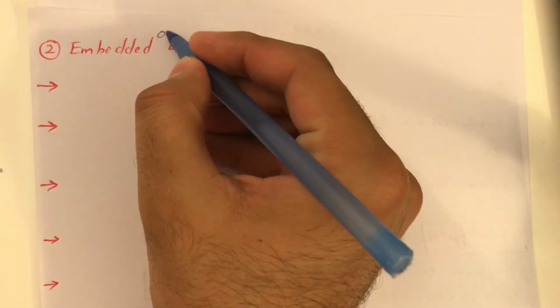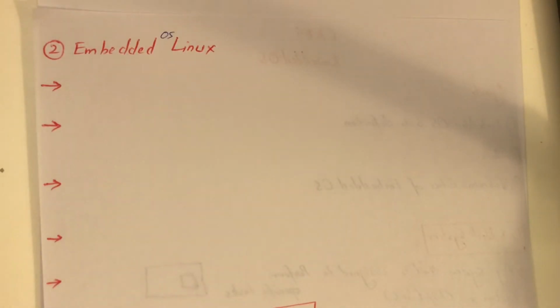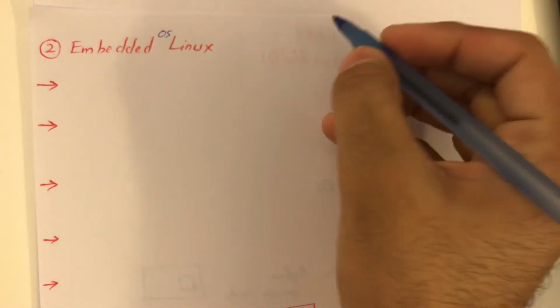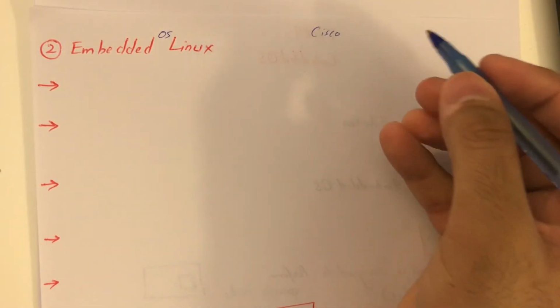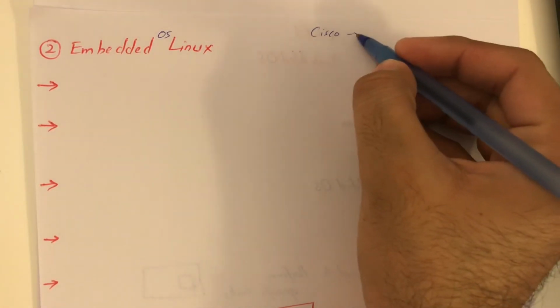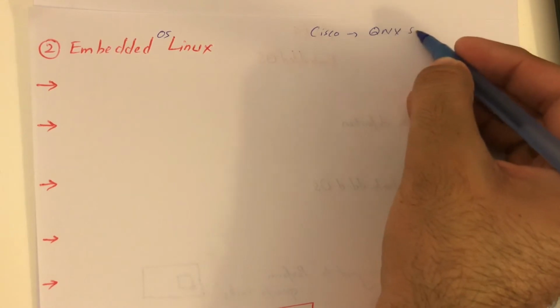On the other side, there is embedded Linux, the embedded operating system. In fact, there are many variants. For example, Cisco devices like Cisco routers, switches, and firewalls use QNX software.